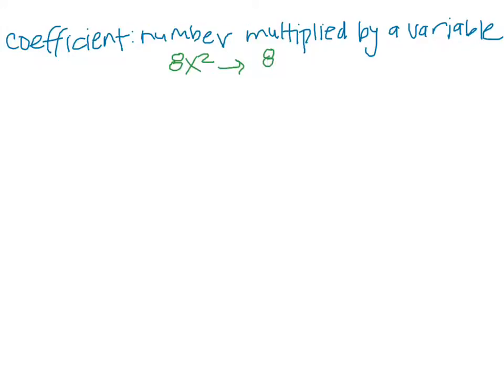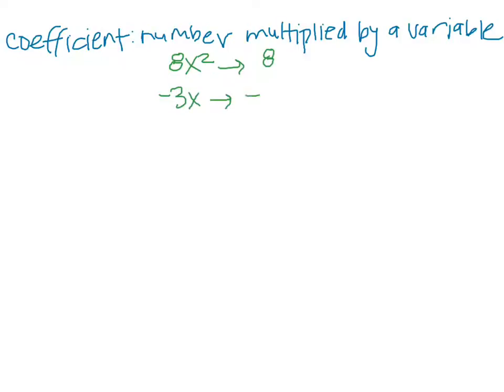You might notice that there are two numbers in this term. We have the 8 and we have the 2. Well, that 2 is an exponent, which is actually our next word. You've all used exponents before. We're familiar with them. Exponent is different than a coefficient. So one of the other terms that we had was negative 3x.